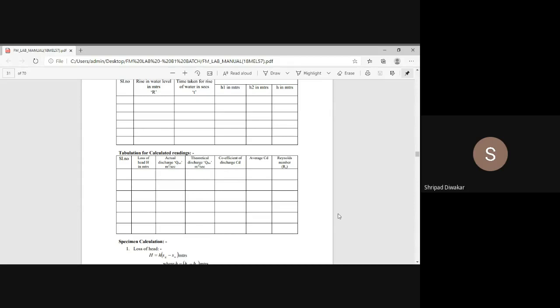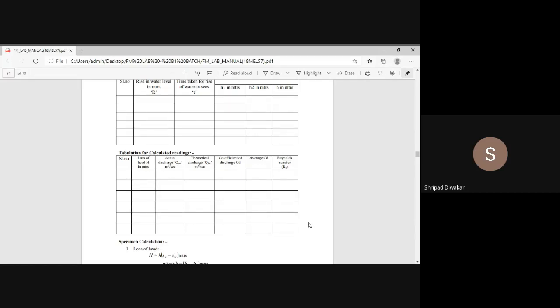Reynolds number plays a very important role in fluid mechanics, and it is the ratio of inertia force to viscous force. It is mainly used for determining the type of flow, whether the flow is laminar or turbulent.